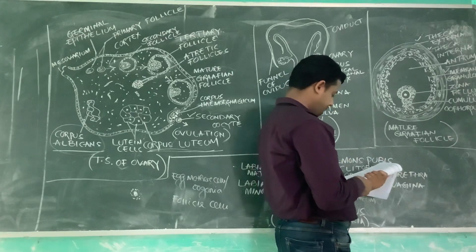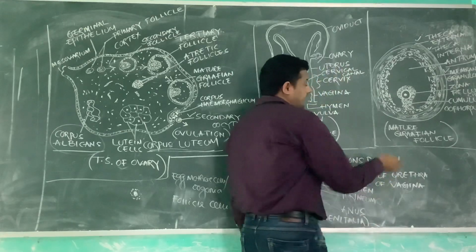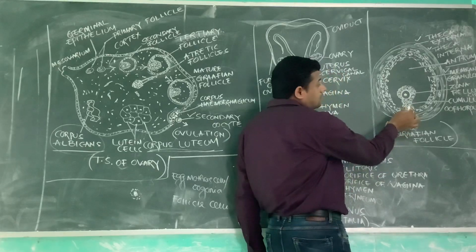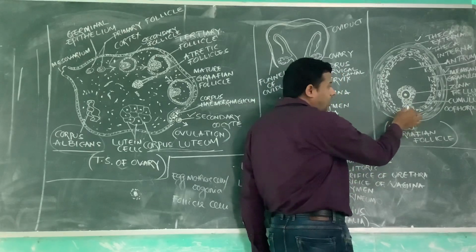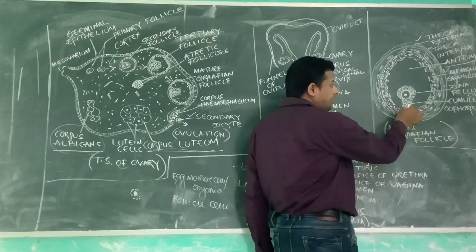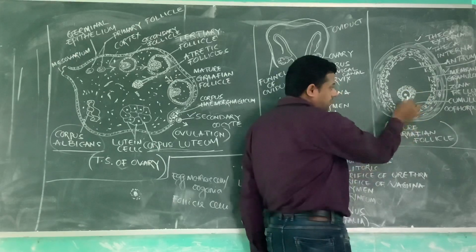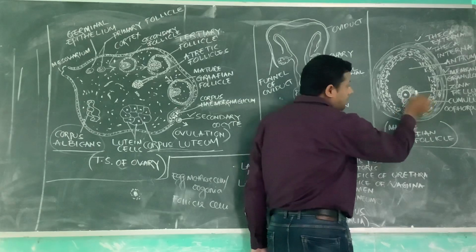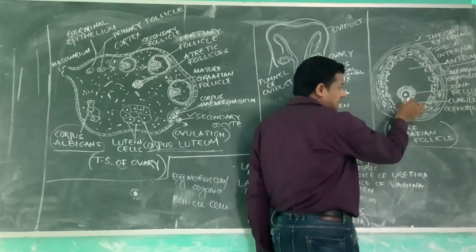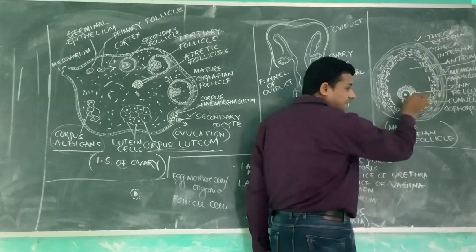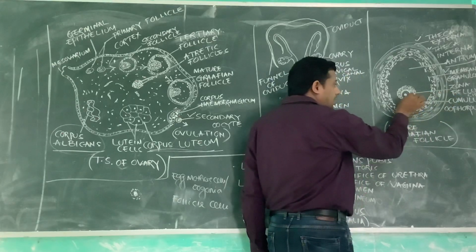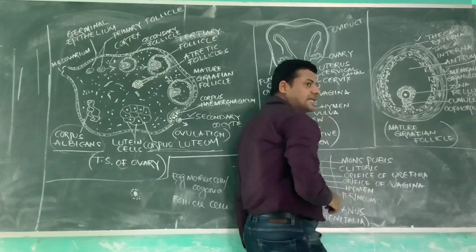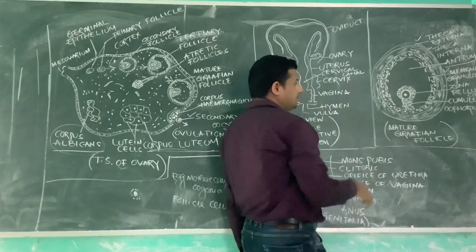Look at this diagram. The granulosa cells form a stalk with secondary oocyte. This is the secondary oocyte. The coverings of secondary oocyte are the zona pellucida, and below zona pellucida another membrane is present called vitelline membrane.